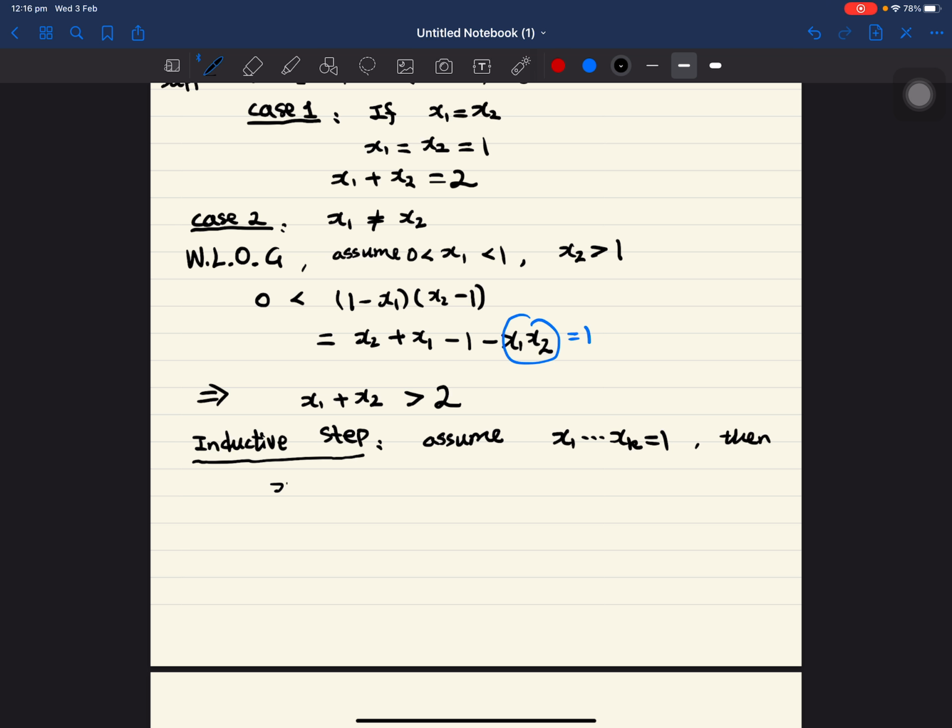Then x1 plus all the way to xk is greater than or equal to k for all x1 to xk greater than 0.